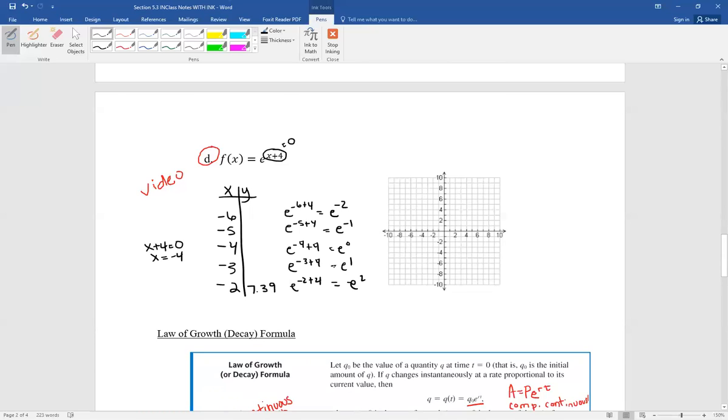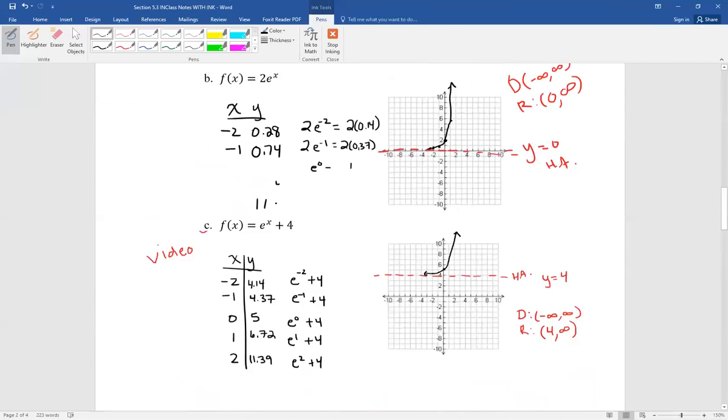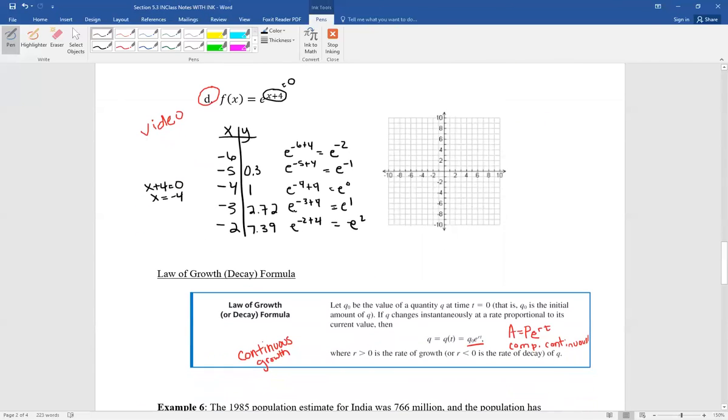Just from doing a lot of these, I kind of have these memorized, but you can use your calculator. E to the first is 2.72. E to the 0 is 1. E to the -1 is about 0.3. I think it was 3.7 or 3.9. Let me look up above. Yeah, 3.7. And then e to the -2 is 0.14. Again, you can check all of those on your calculator.